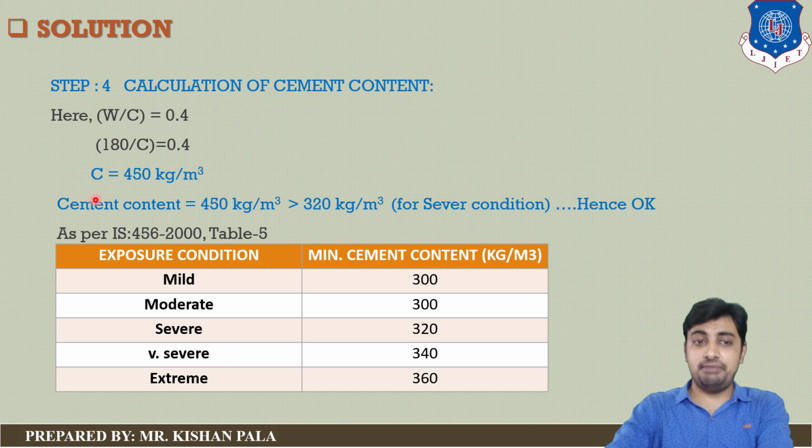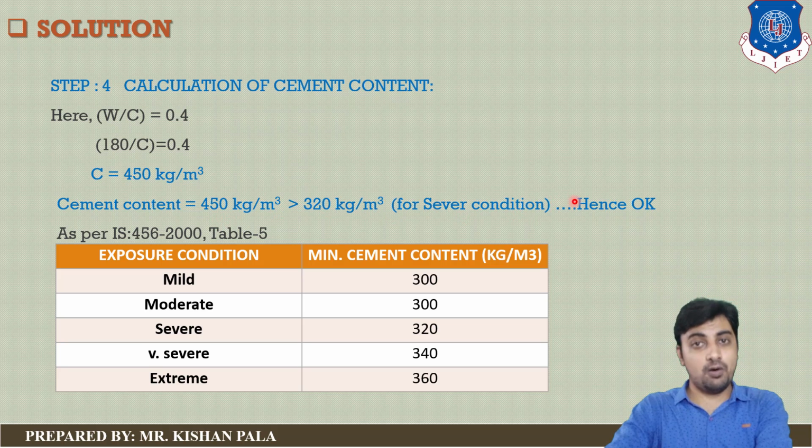So our cement mass is 450 kilograms per cubic meter, and based on our data we are concreting in the severe condition. You can see for the severe condition you require 320 kilograms per cubic meter as the minimum requirement, and we have taken 450 kilograms per cubic meter.